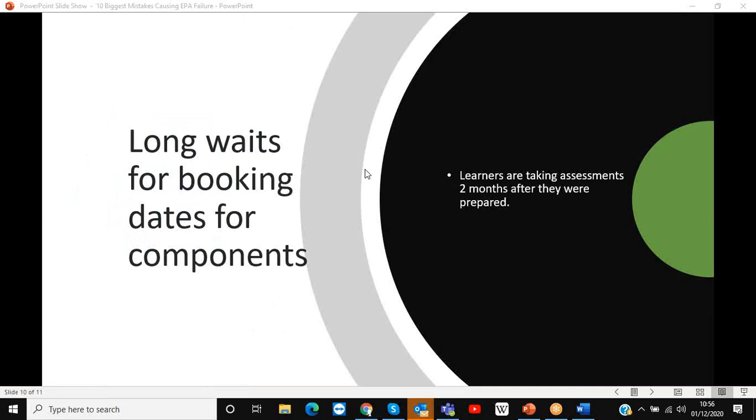Again, this has been one of our strengths, but we've heard some nightmare stories where learners are not being able to get EPA dates for 2 months apart from component to component.